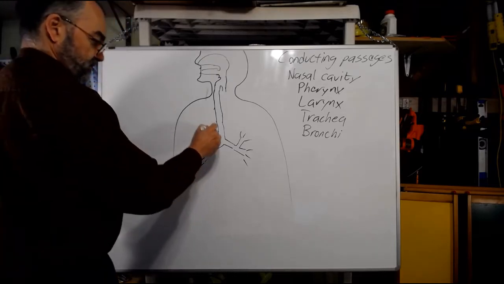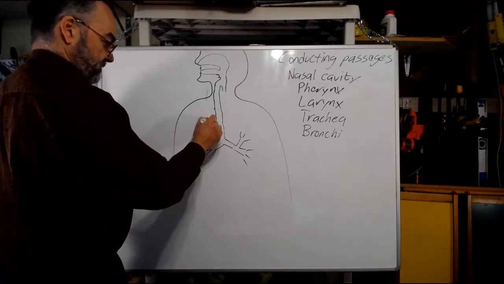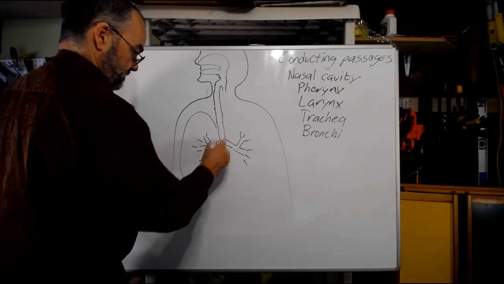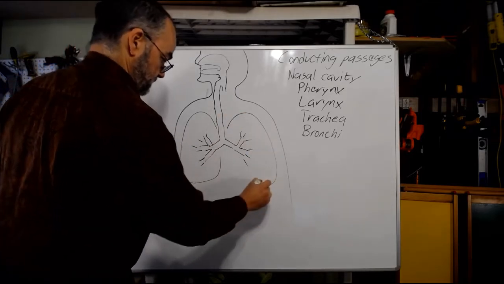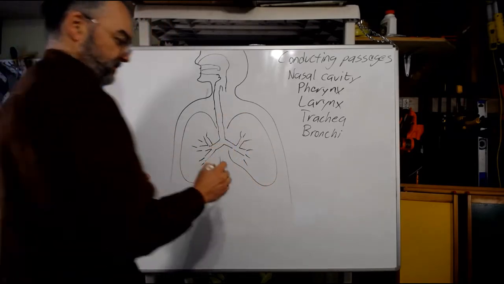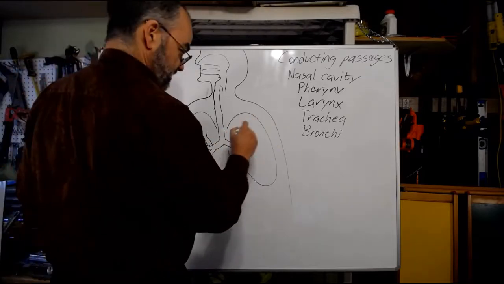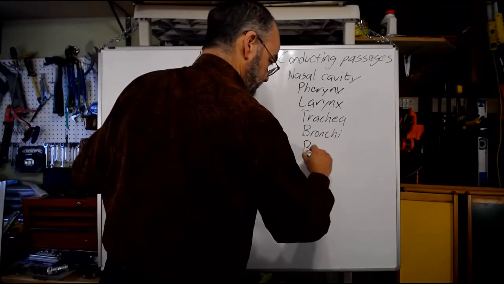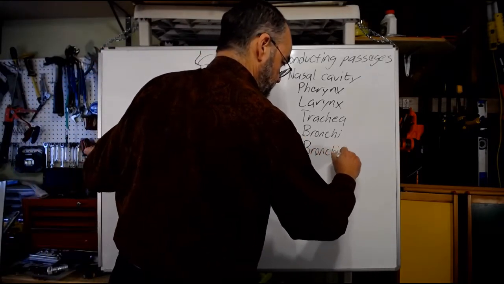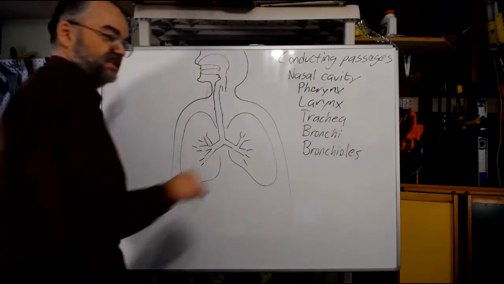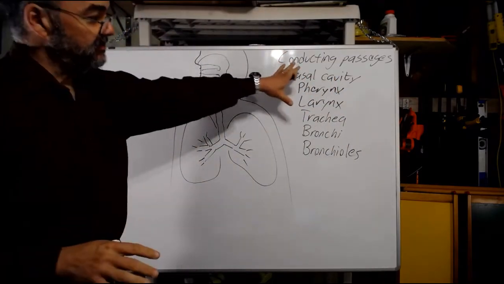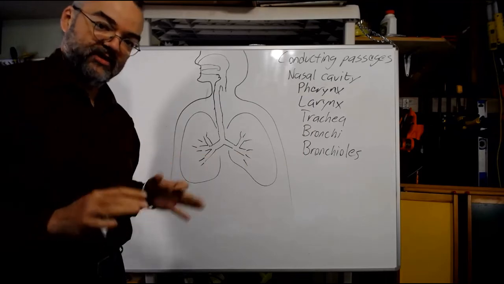Those then become the lungs. So the bronchi then split into tiny bronchioles. We're going to talk about the details of all of these. So all of these form the conducting passages.